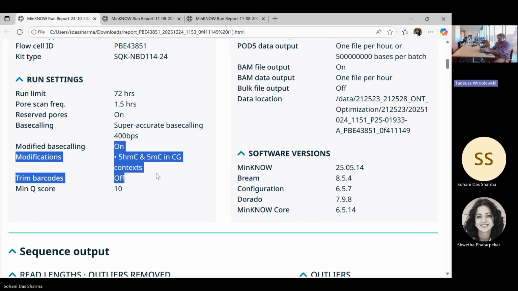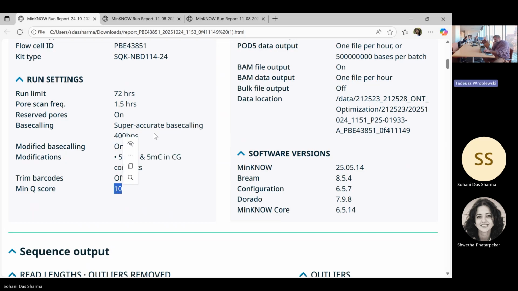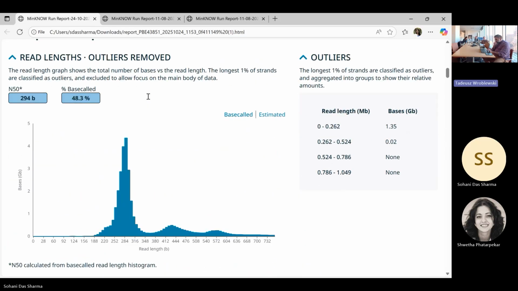You would be able to see what's happening here, and these are the parameters they used. So maybe I'll share it with you so that when you do it next time, you use the same thing.